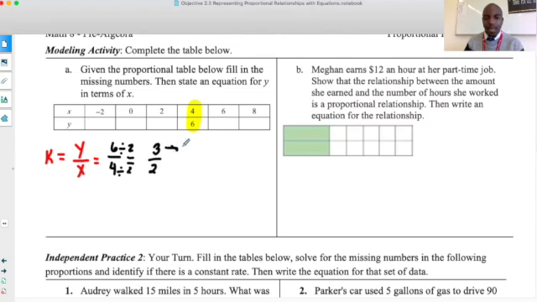This means y increases by 3. Remember, the top value is y. The bottom is telling us that x increases by 2. Okay? So when I look at my table, does x increase by 2?